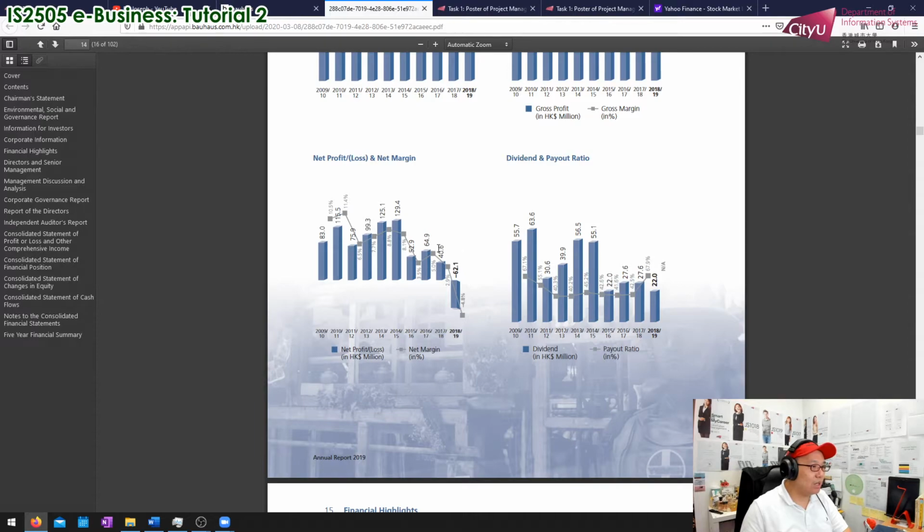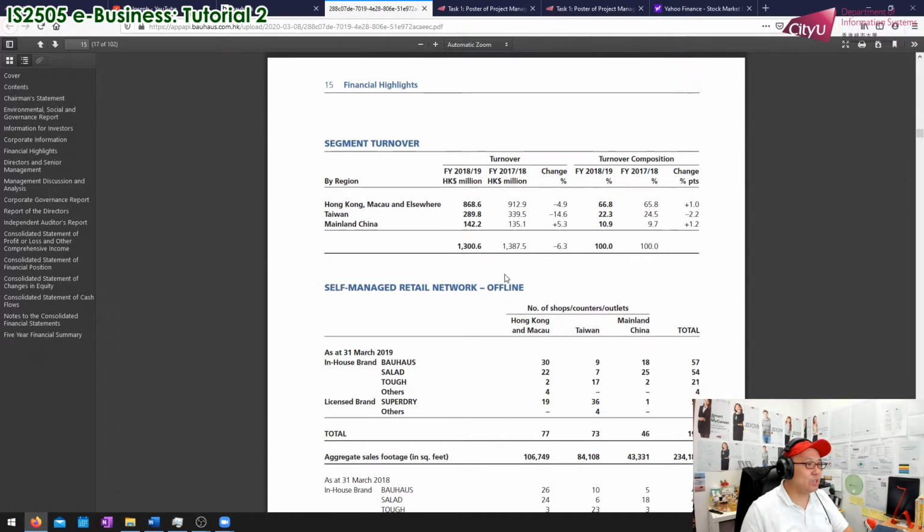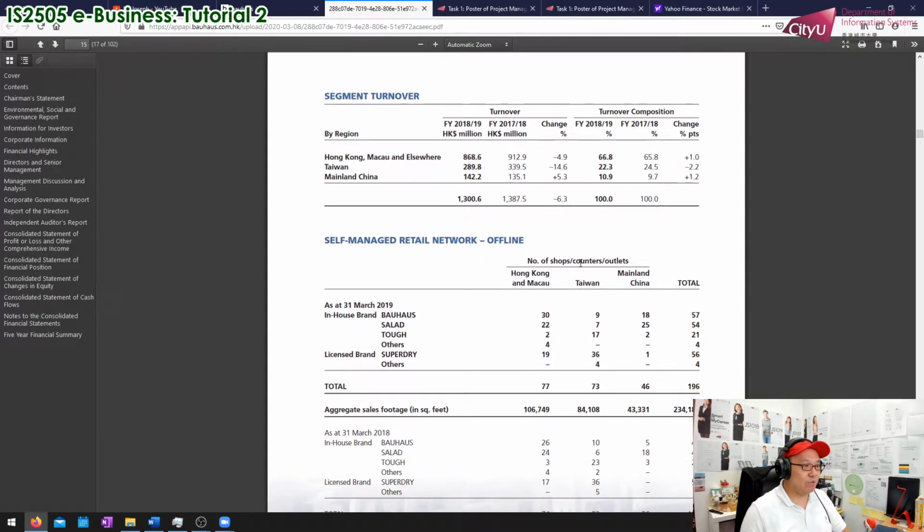Okay, looks like they are really in a tough situation. Yes, they have a net loss. They changed from a net profit to a net loss. And if you scroll one more page here, it gives you some information related to different segments, some kind of turnovers, the number of shops we have.